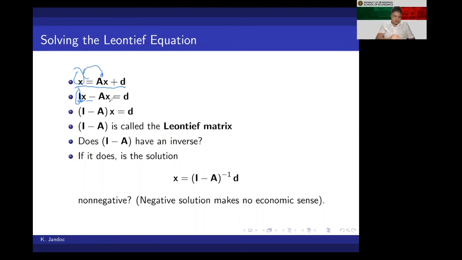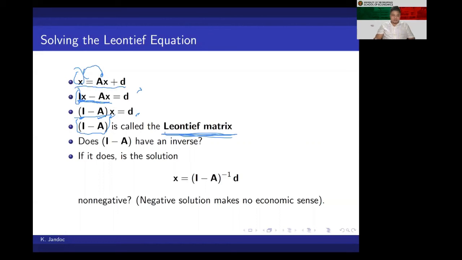That's why there's the negative Ax over here. So you have Ix minus Ax equals d. D is left on the right-hand side. Okay, so we can isolate x, and we have (I minus A)x, and this is equal to d. Now this is a special matrix. When you subtract from the identity matrix the technical coefficient matrix, this is called the Leontief matrix.